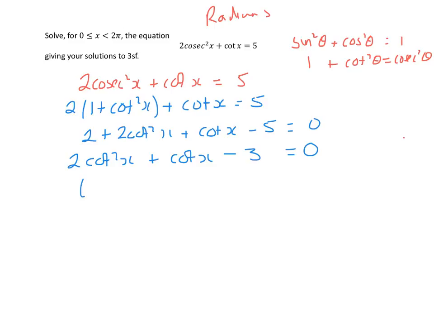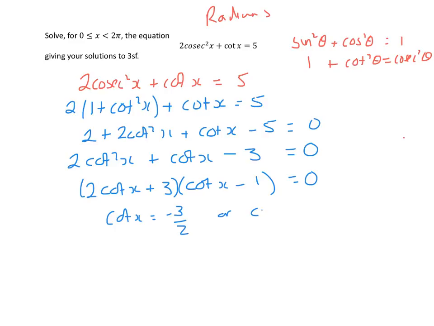Factorising will give me 2 cot x plus 3 in one bracket and cot x minus 1 in the other bracket. So cot x will equal minus 3 over 2, or cot x will equal 1.